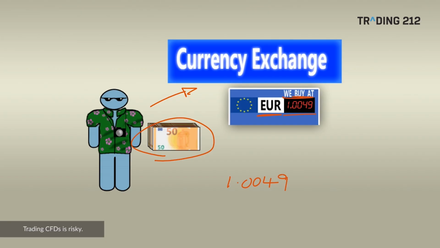So you can sell your 408 euros for 408 divided by 1.0049, which equals £406. You started with £400, because the exchange rate moved in your favour, you've made £6.